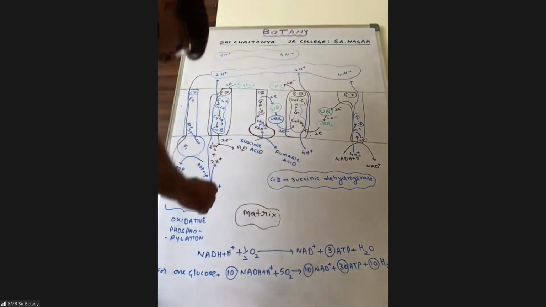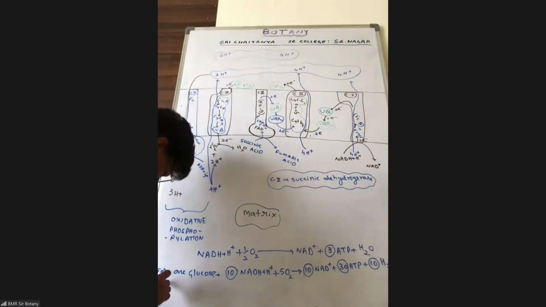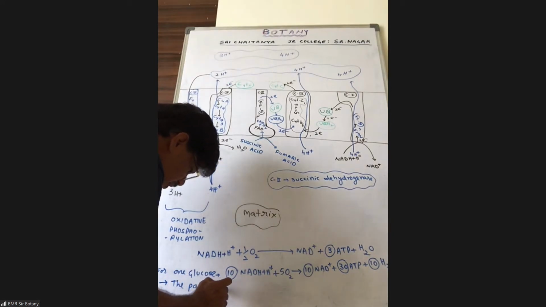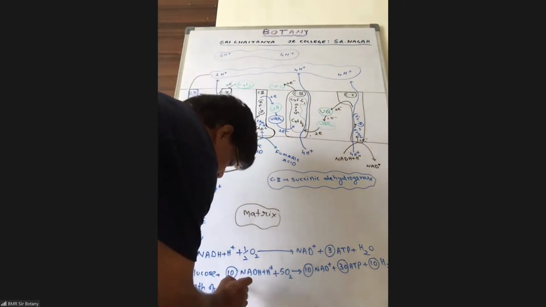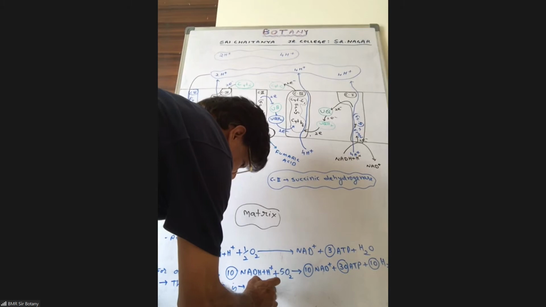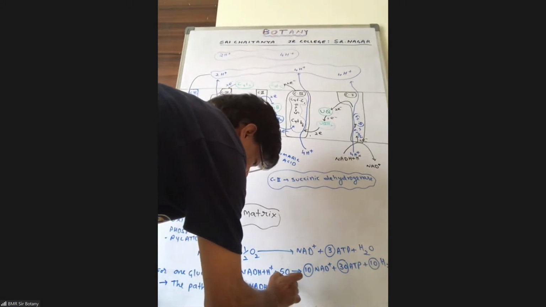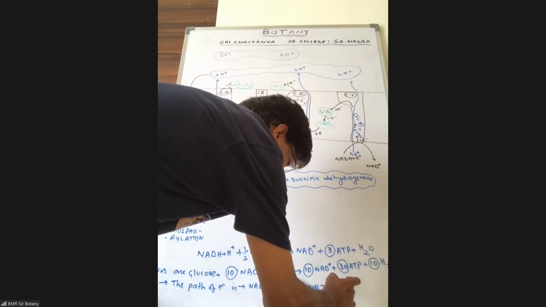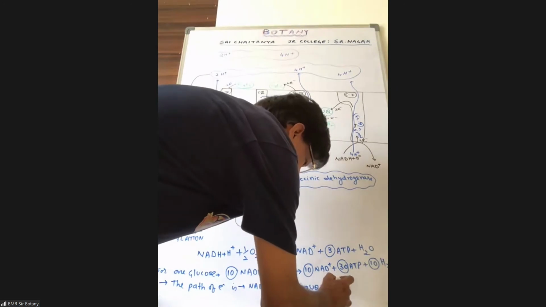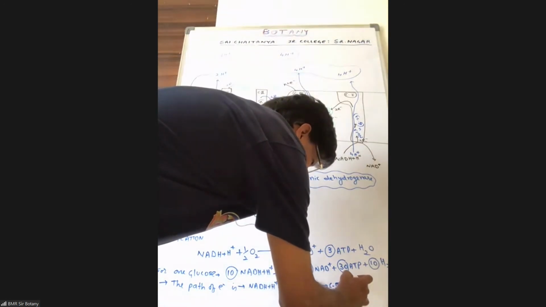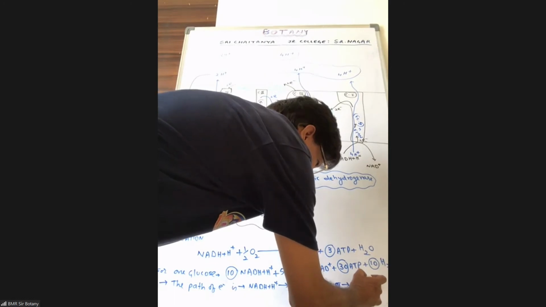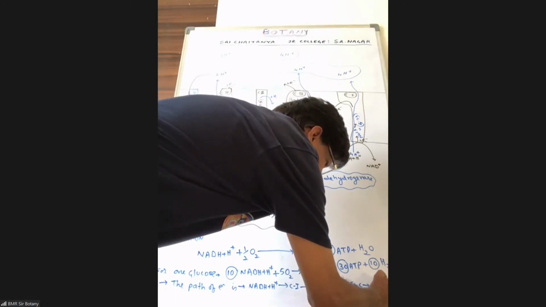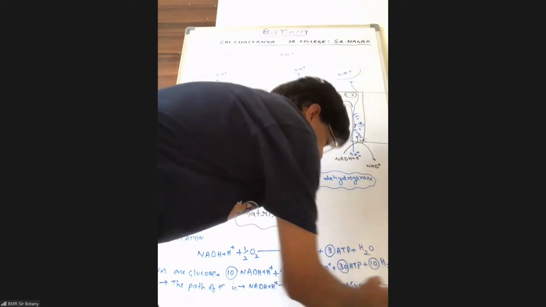So the path of electrons for NADH: NADH plus H plus to complex 1, to ubiquinone, from ubiquinone to complex 3, to cytochrome C, to complex 4, to oxygen, half O2 to water.